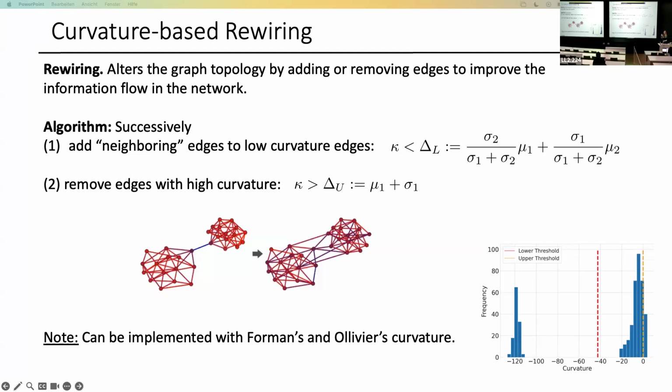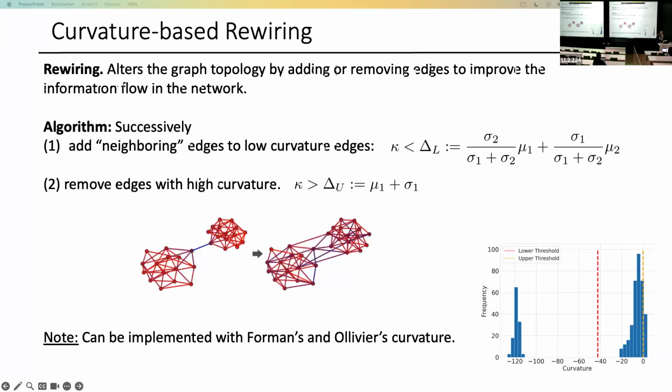Maybe we add some edges, we remove some edges so that the topology of the graph changes sufficiently to where we have less oversmoothing and less oversquashing. But we want to do this only to a very small amount, right? Because we don't want to lose any of the critical information. So curvature can be used to guide those rewiring approaches.